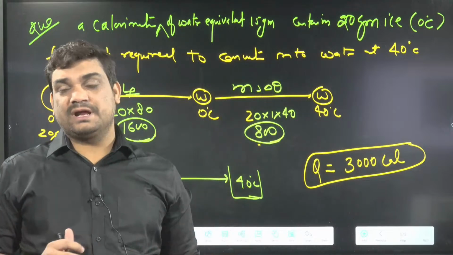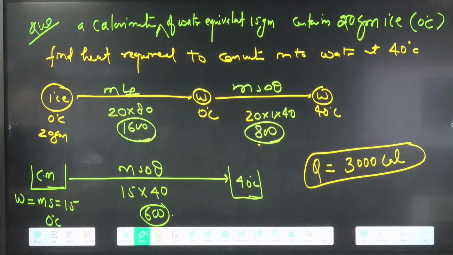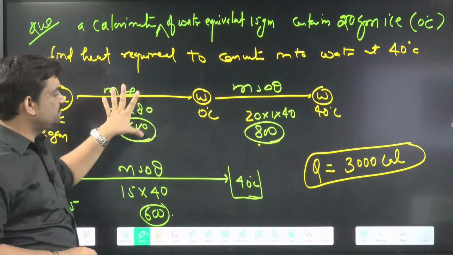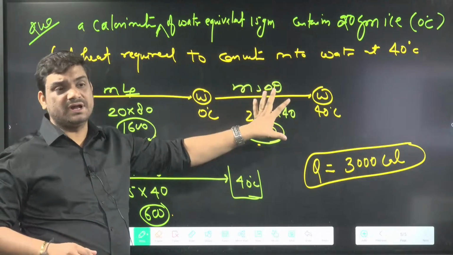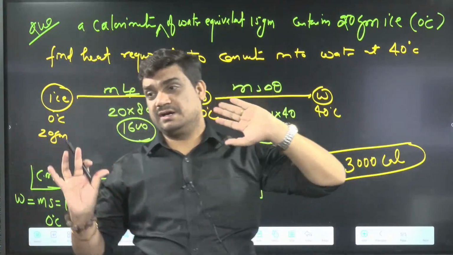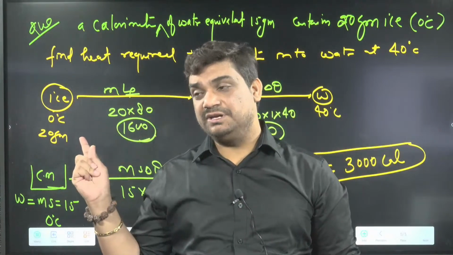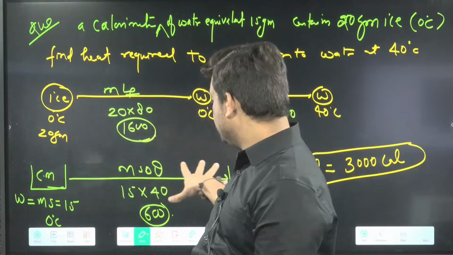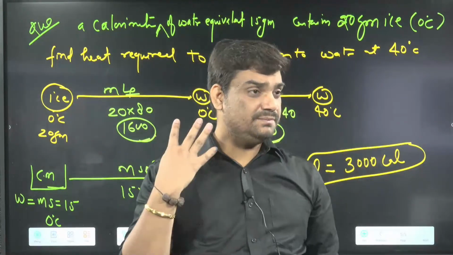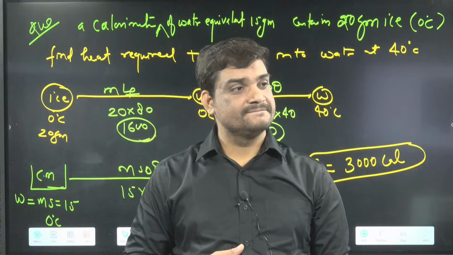In that case, the answer will be this plus this, meaning 2400. If they have not given anything for the container, our answer will be 2400. And if they have given parameters, our answer is 24 plus 6, which becomes 3000.